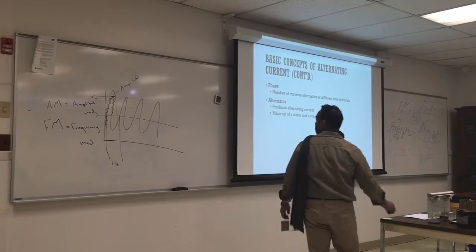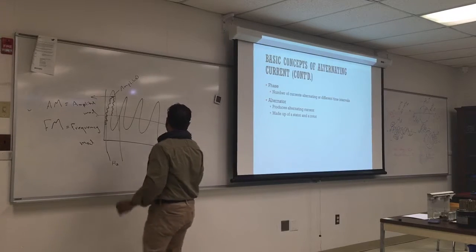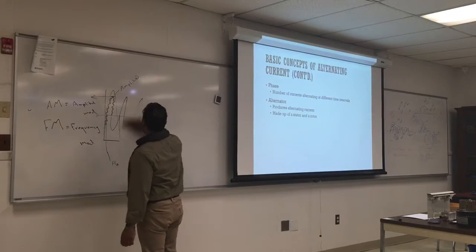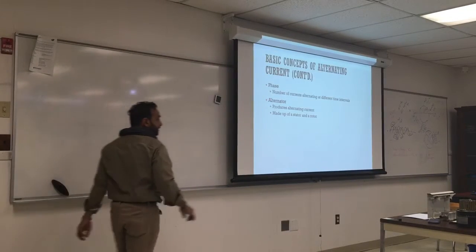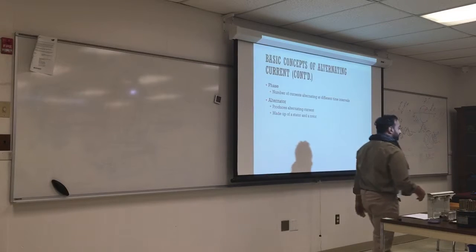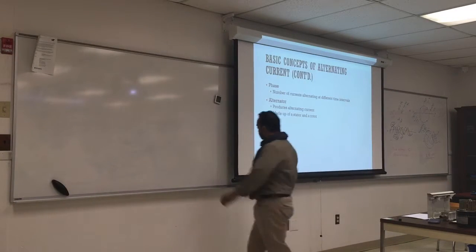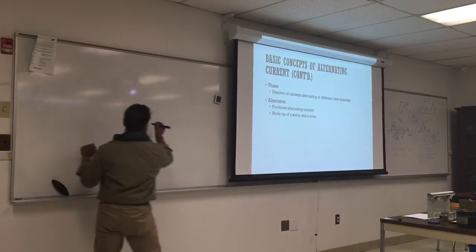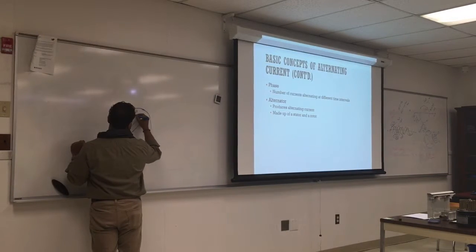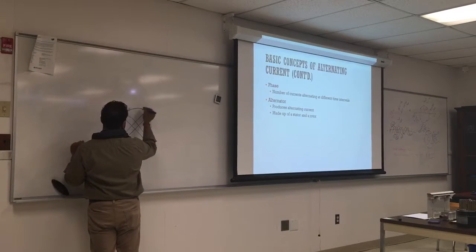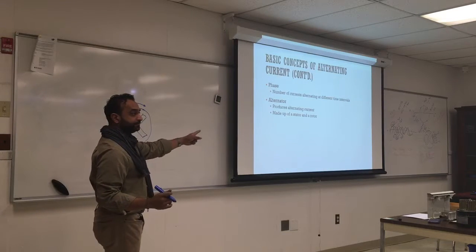Phase. Let's talk about phase a little bit because that's very confusing. Not very confusing, but it's important to know. And you might face some equipment with more than one phase. In a very basic way, we can say that if we look at this rotor here, we had one coil.